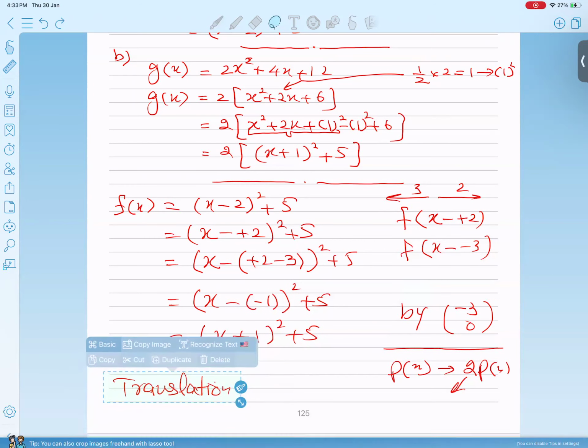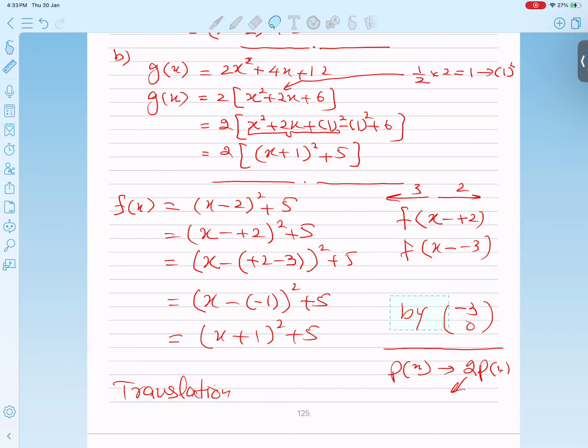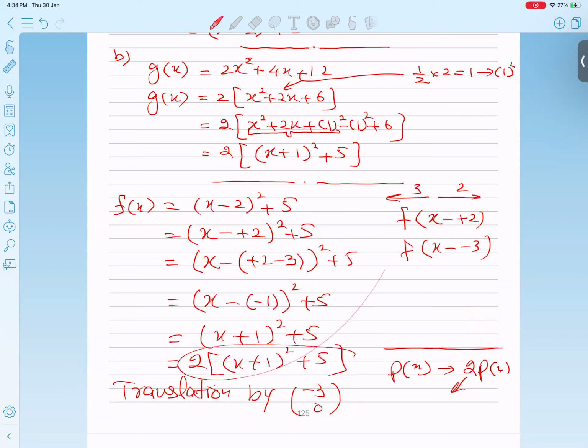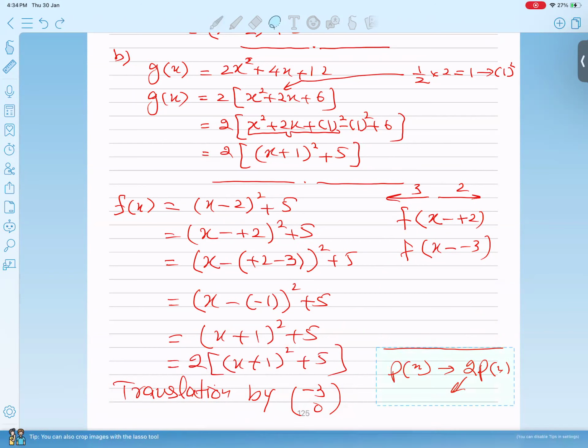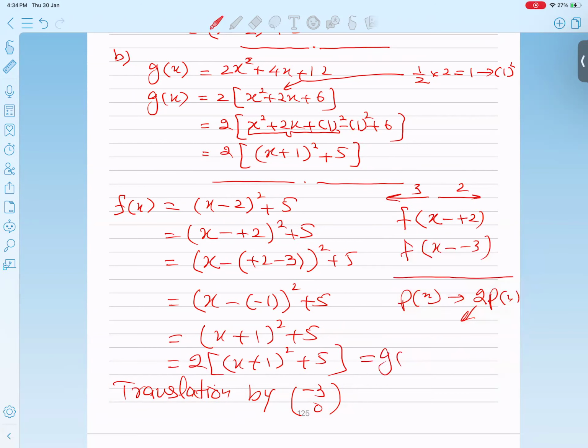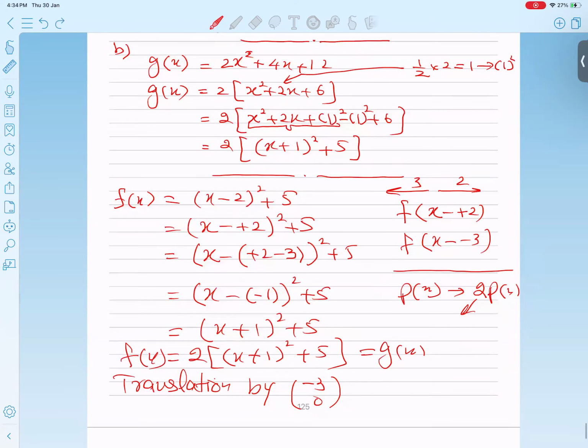Now I'm writing the final statement, students. First of all, I'm doing translation by column vector, this is number 1. And if I multiply the whole equation by 2, students, what happens? So I will get my plan. What was missing? Hold on. Let me write it here. So this becomes g of x. So f of x turned into g of x, which matches. This is what I will write finally here.